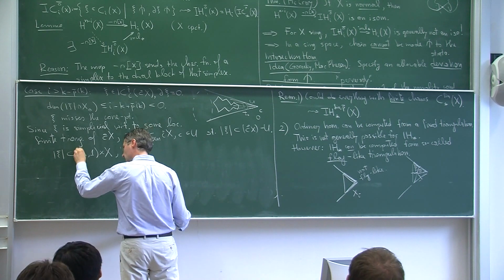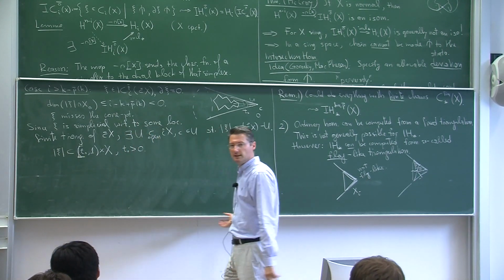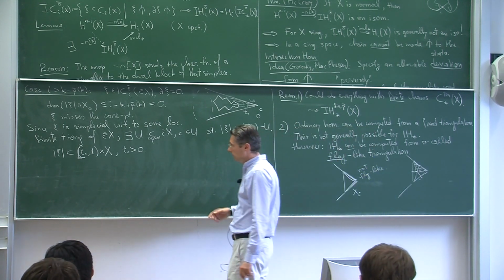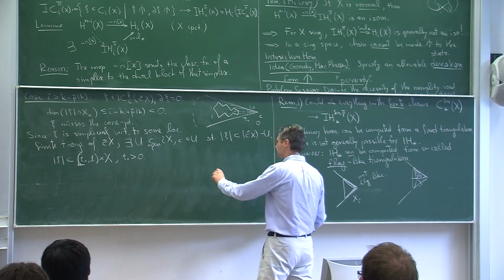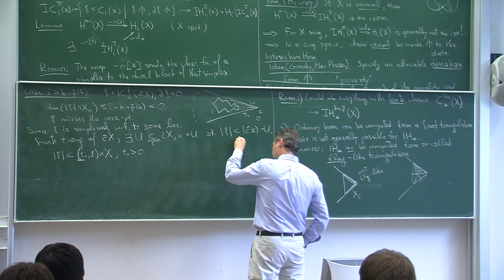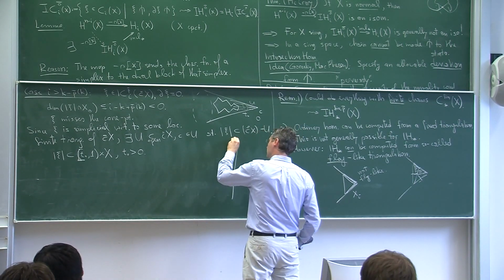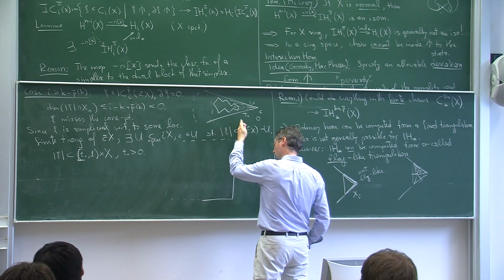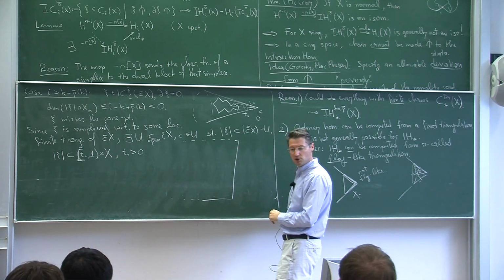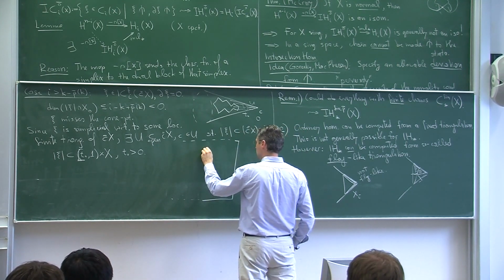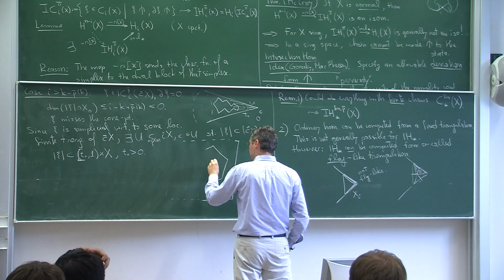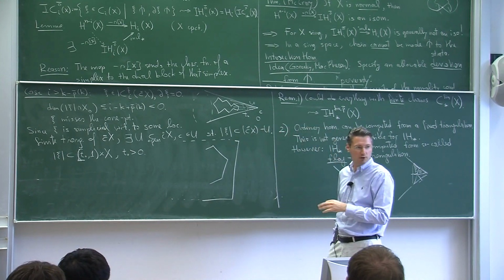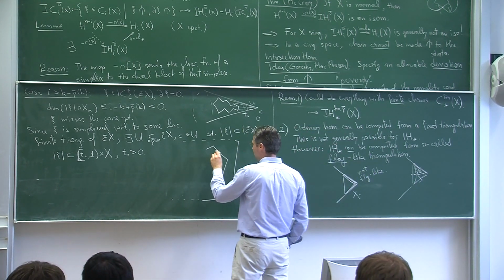So it's contained in there. But now we have won the game, because the chain here is infinite, it's non-compact, but if you can cut it off like this, if it lies in a region like that and has no boundary, then you can just do the following. There is a technique in PL topology which is sometimes called combing.